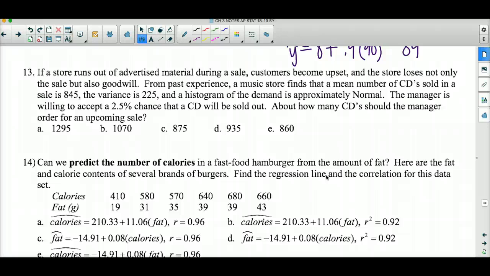So, this is inverse norm. Did you know that? Yeah, because they're giving you the probability. So 0.025 is your area, inverse norm. Your mu is 845. And then they didn't give us the standard deviation. What did they give us instead?